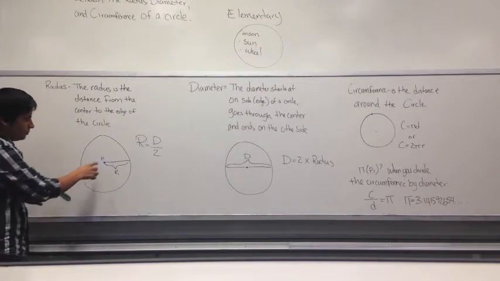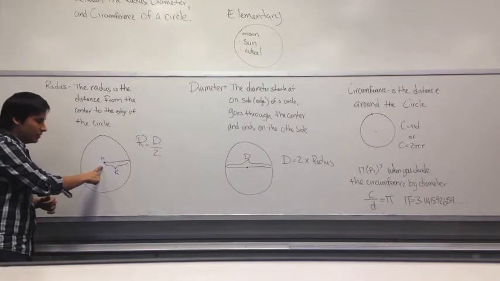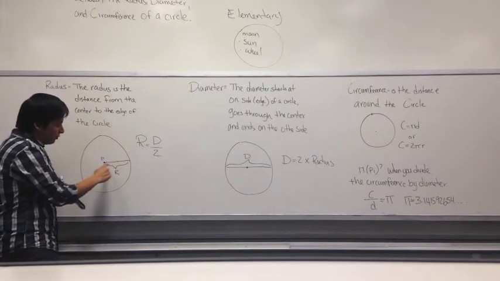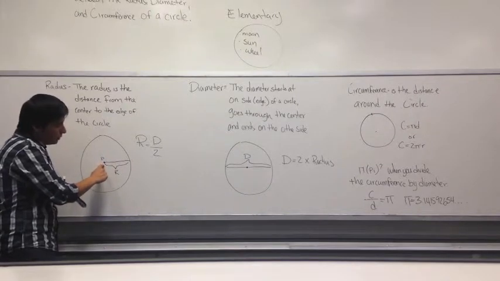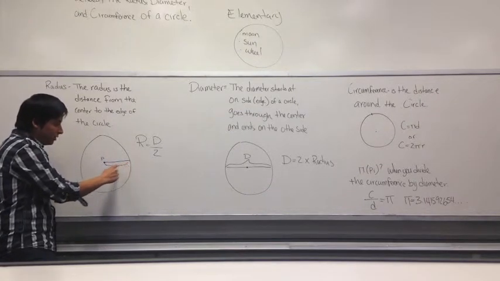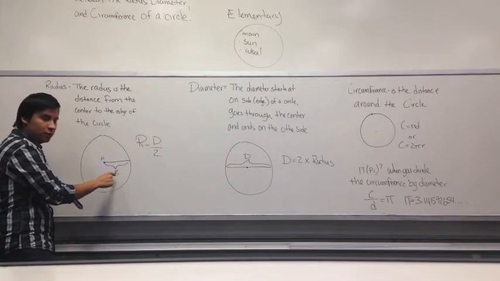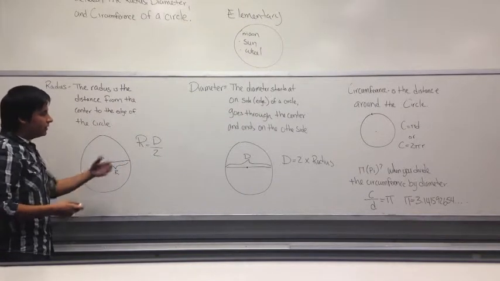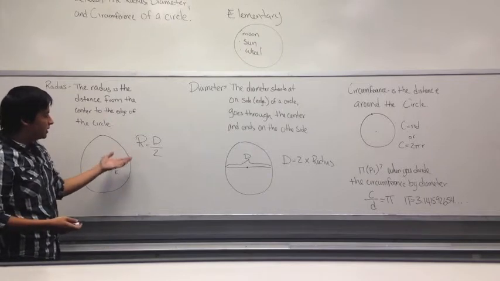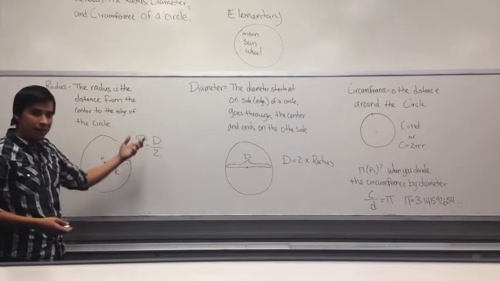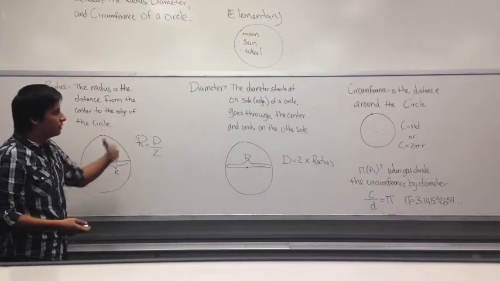We have a point P, which is our center, and then we have the edge of the circle. If I draw a line from the point to the edge, this is the radius. We label it R. To find the radius, we can say R is equal to D over 2. D is our diameter, which I'm going to explain right now.